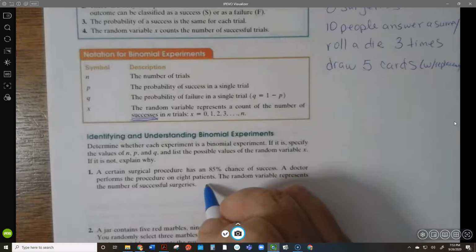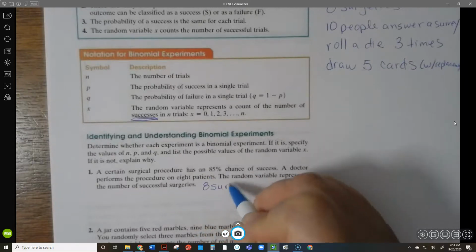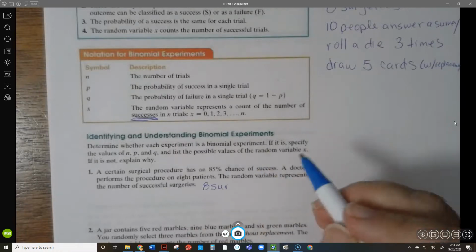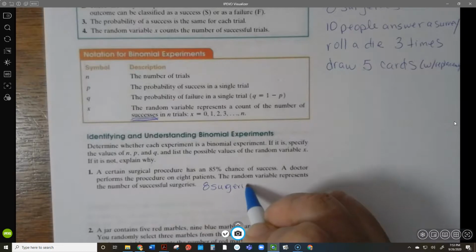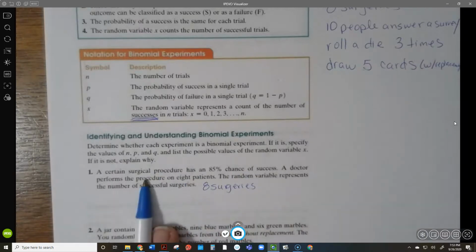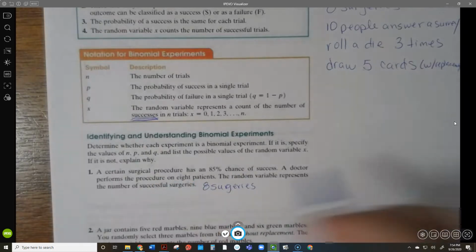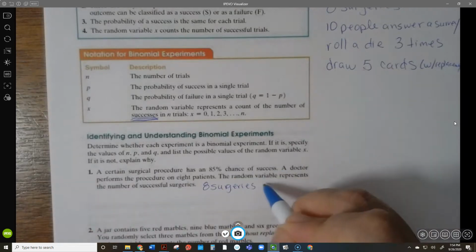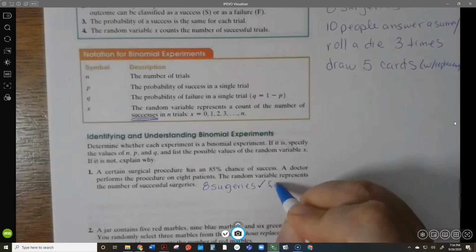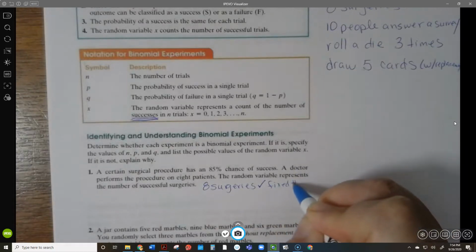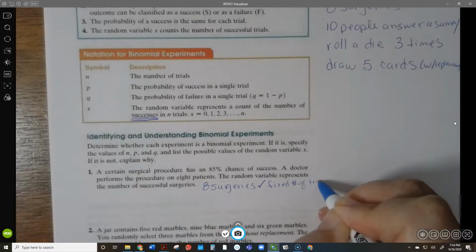Yes. He does the procedure on 8 patients. So the first item on the checklist is checked: fixed number of trials.